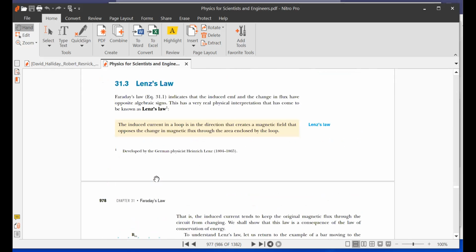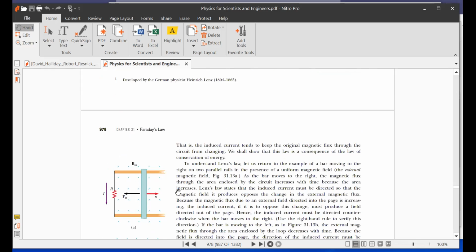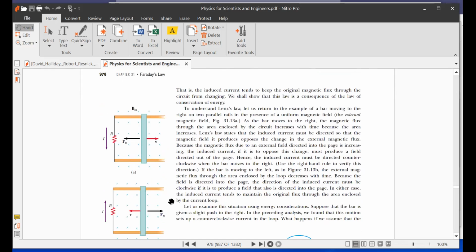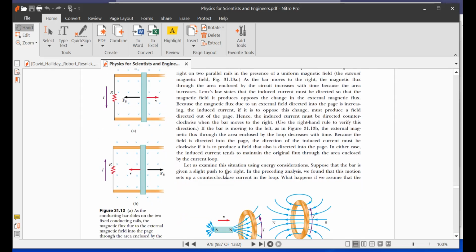So this rod moves to the right, and below we have this rod moving to the left. So we have this FB, this magnetic force induced by the changing of this magnetic flux.